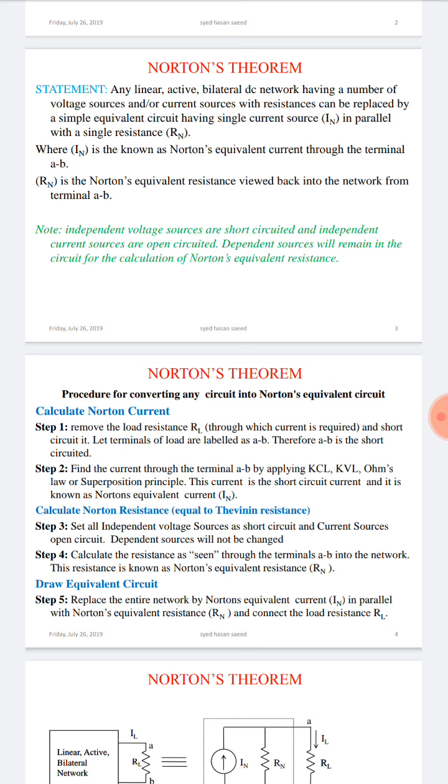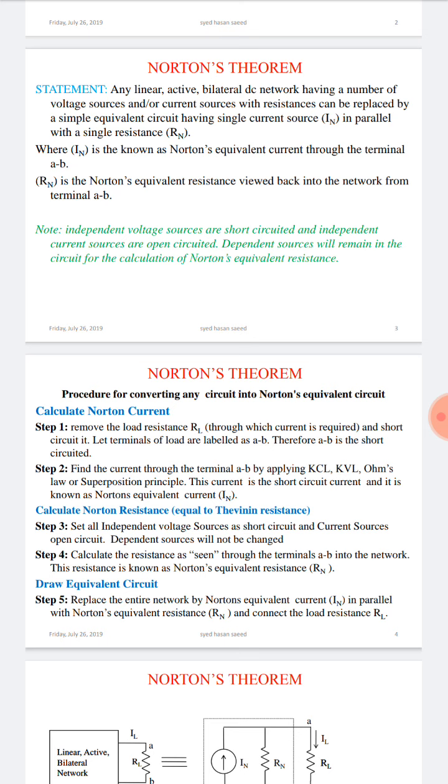Note, in the previous lecture we saw the difference between independent sources and dependent sources.